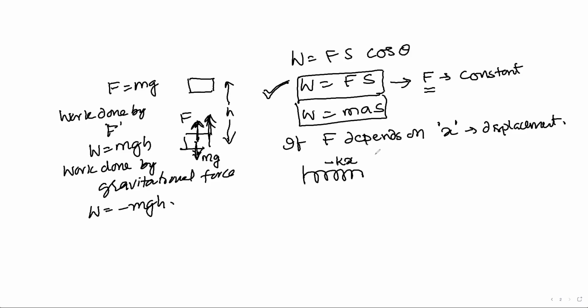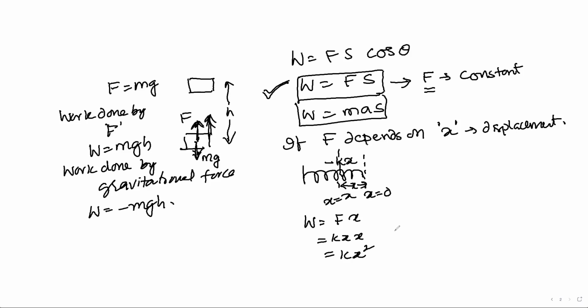Now, if a question is asked, what is the work done to compress the spring from x equal to 0 to x equal to x? That means here the displacement is x. Simply, can I take work done equal to force into displacement, kx into x, which is kx square? Can I write like this?